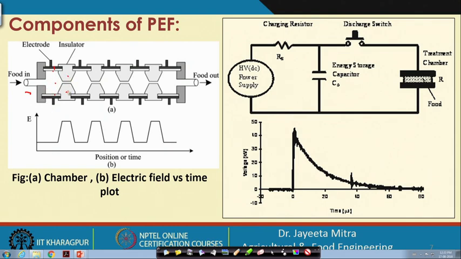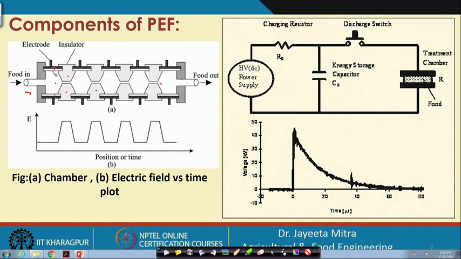There are insulators also, so that it will not be conducted through these materials. Therefore, non-conductive materials are added, so that the pulse will only go through the food material and have the desired effect on the microorganism, and eventually the food is released from the other end.